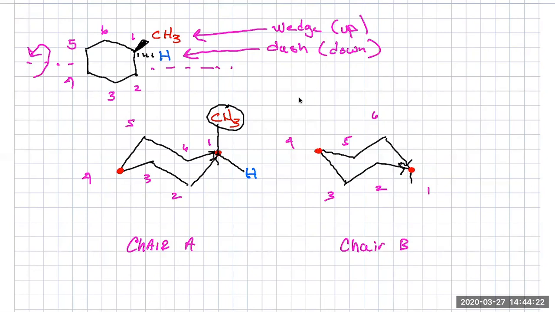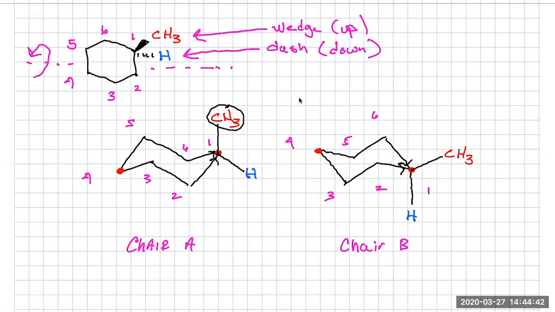So that means the axial is straight down, and then the equatorial is going to be upward. And so up stays up. So axial was up in chair A. Now the equatorial's up, and that's where the CH3 goes. And then the hydrogen is down.